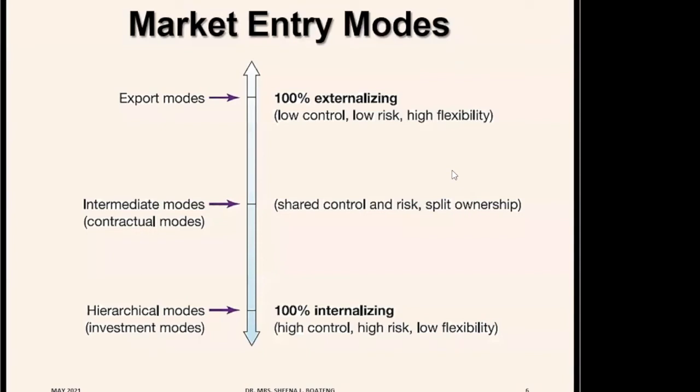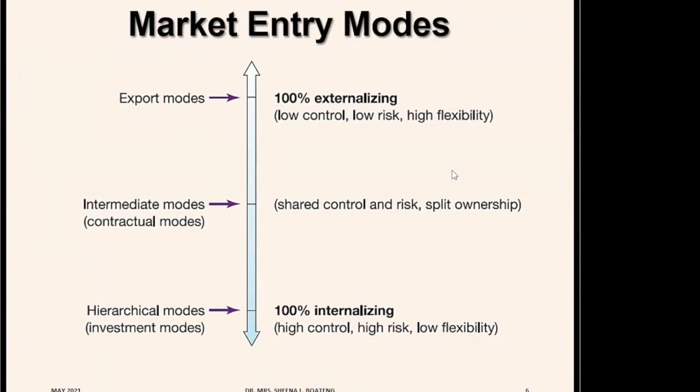And it's also the one with the least amount of risk and the highest level of flexibility, given that 100% of the process is externalized, such that most of it, and in most cases, all of it, is not done by the firm, but is done by a third party on behalf of the firm. Hence, export modes are the ones that have the least control, the least risk, and the highest level of flexibility.